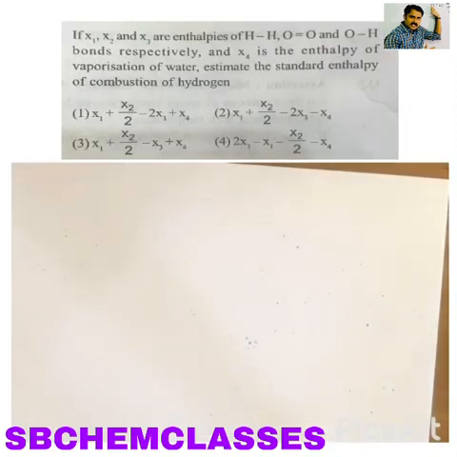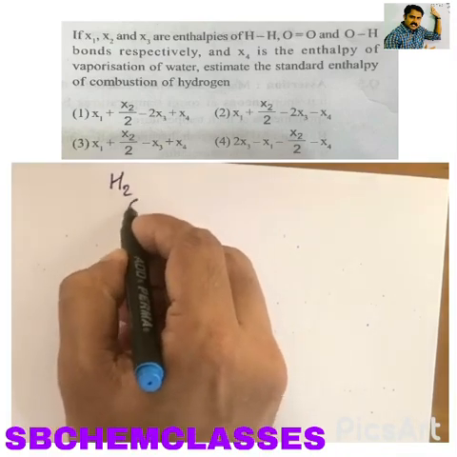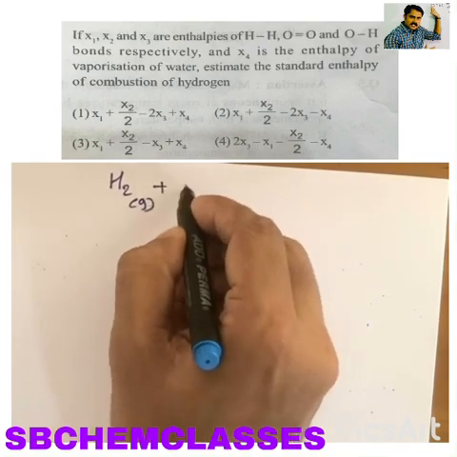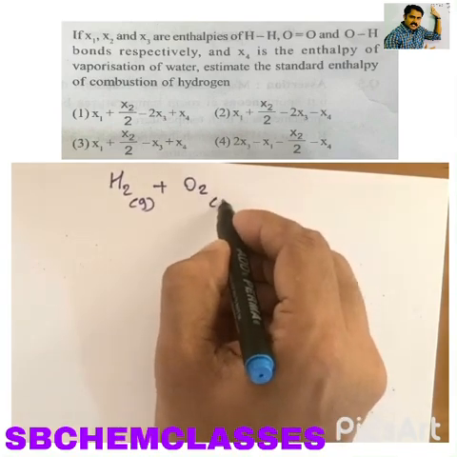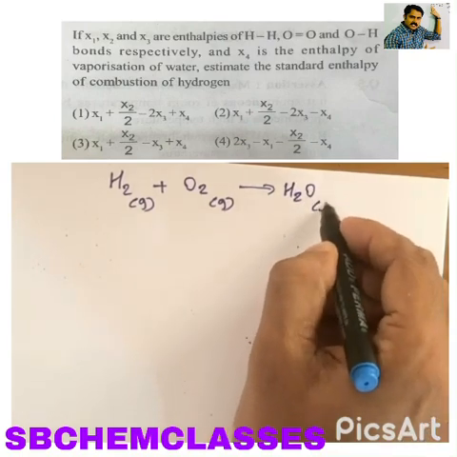If x1, x2, x3 are enthalpy of H-H bond, double bond O=O and single bond O-H bond respectively, and x4 is enthalpy of vaporization of water, estimate standard enthalpy of combustion of hydrogen. Hydrogen gas undergoes combustion means react with O2 gas to form H2O liquid.